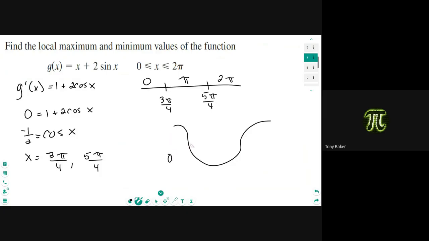Yeah. 0. Oh, sorry. 1. So it'd be down here, right? Oh, you're right. I'm thinking 1. Never mind. You are correct.